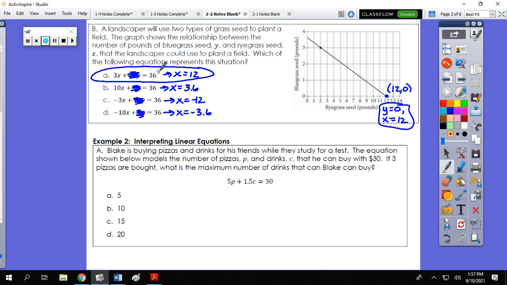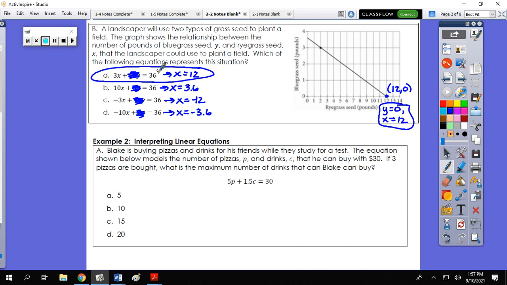Okay, in example 2, we're talking about interpreting various linear equations, interpreting situations. So in the first one here, Blake is buying pizzas and drinks for his friends while they study for a test. The equation shown below models a number of pizzas, P, and drinks, C, that he can buy for $30.